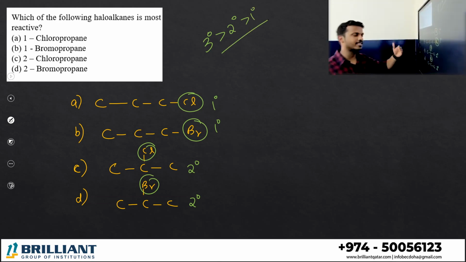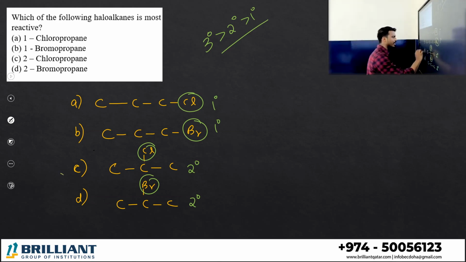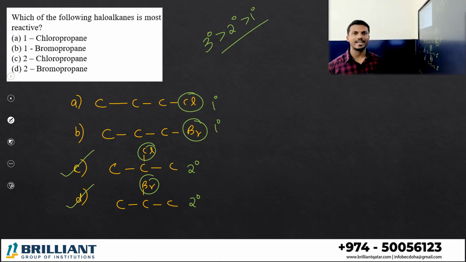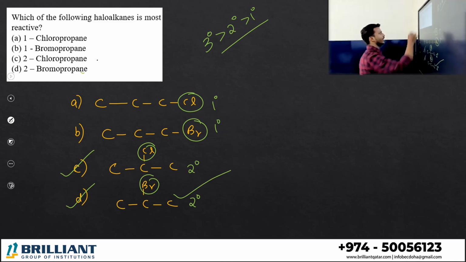So secondary is greater. Among options C and D, which undergoes reaction faster, which is the better leaving group, chlorine or bromine? Bromine. Down the group, reactivity increases. So the bromine-containing secondary compound, 2-bromopropane, reacts fast. Don't worry, in most questions they will specify whether SN1 or SN2.